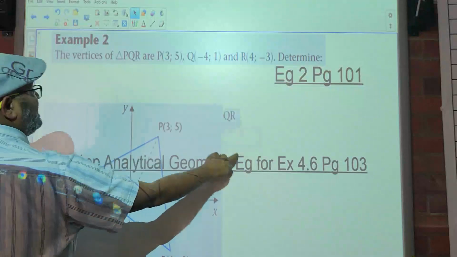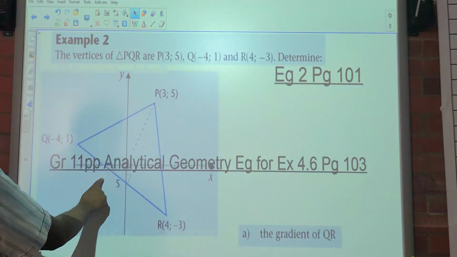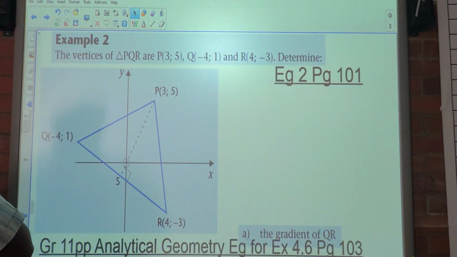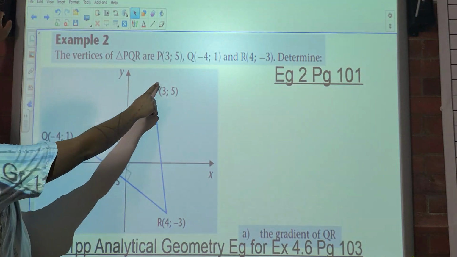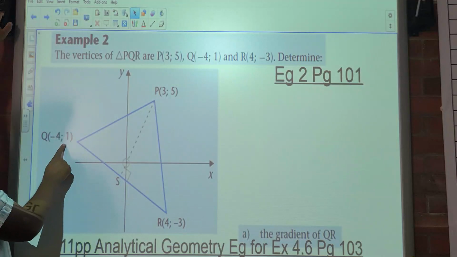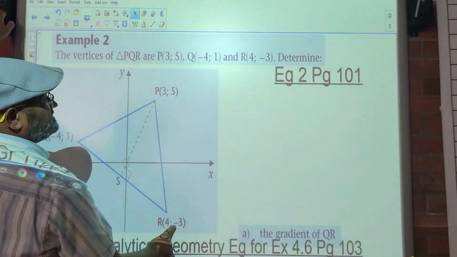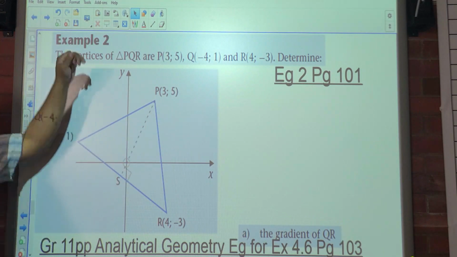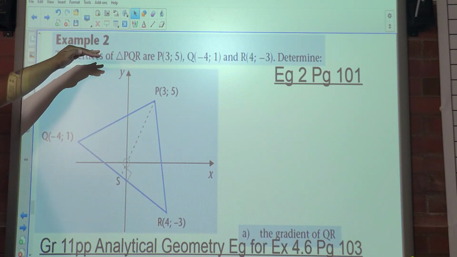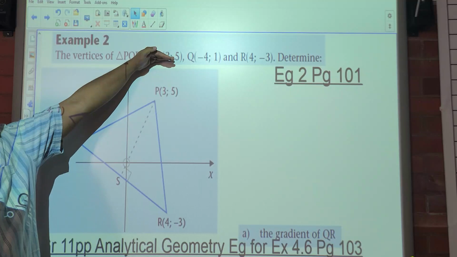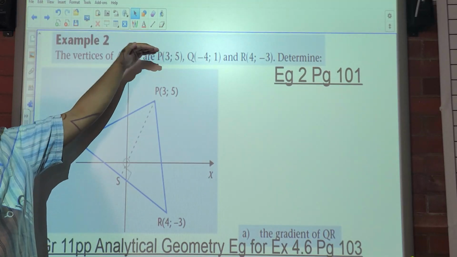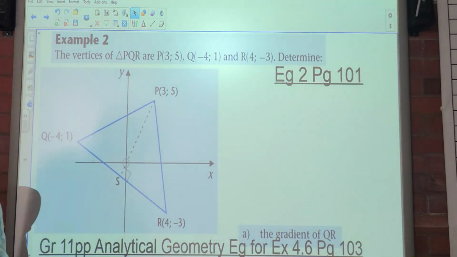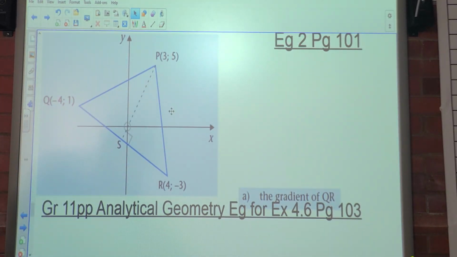So the vertices of triangle PQR, where P is (3, 5), Q is (-1, -4), and R is (4, -3). What you notice here, people, is that I always read this information. Sometimes there's information on this diagram or in the opening statement that's not on the diagram. So it's important that I read that information.